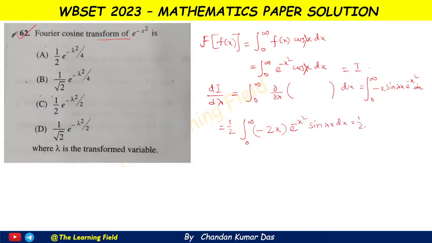Okay, this is equal to 1 by 2 integration 0 to infinity, we can write d of e to the power minus x square, which gives e to the power minus x square into minus 2x, and sin lambda x into dx.